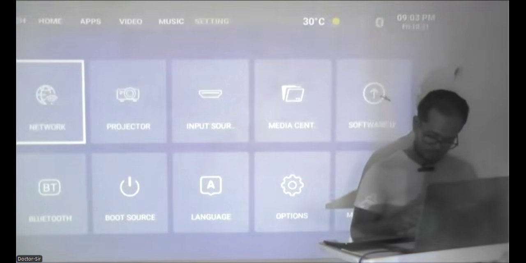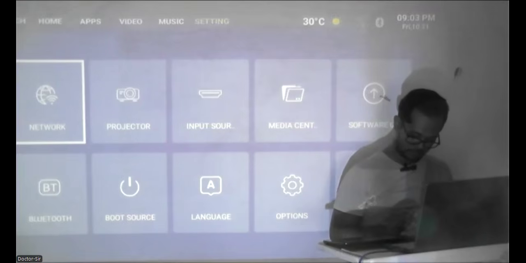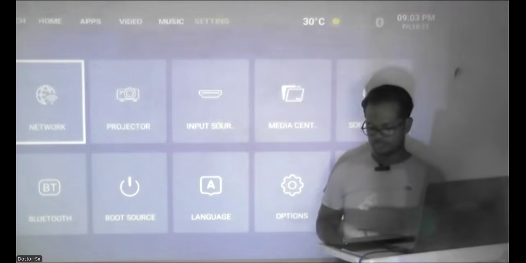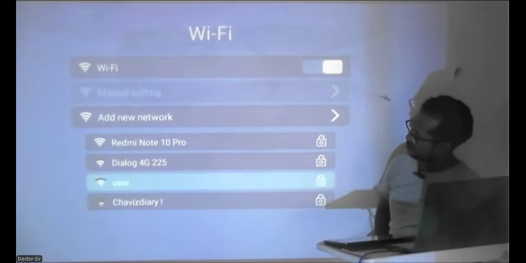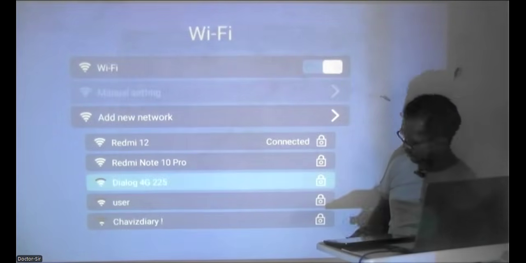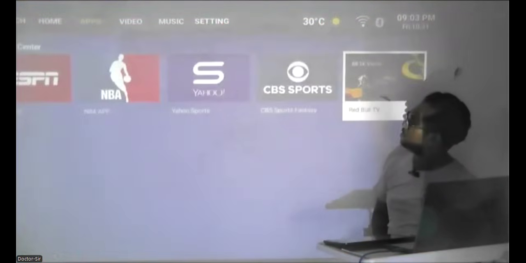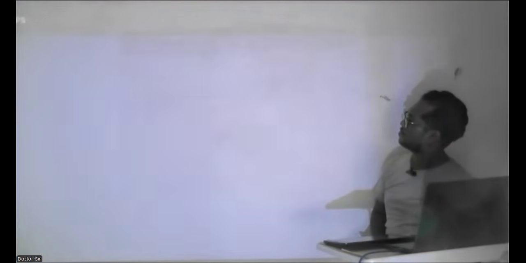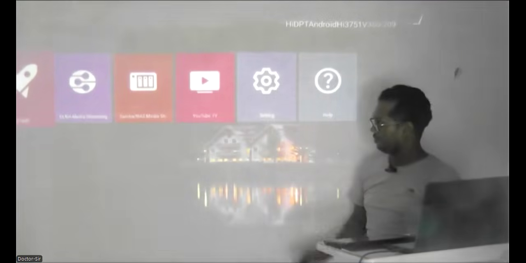Now connected. No issue. We will go for the share the screen.